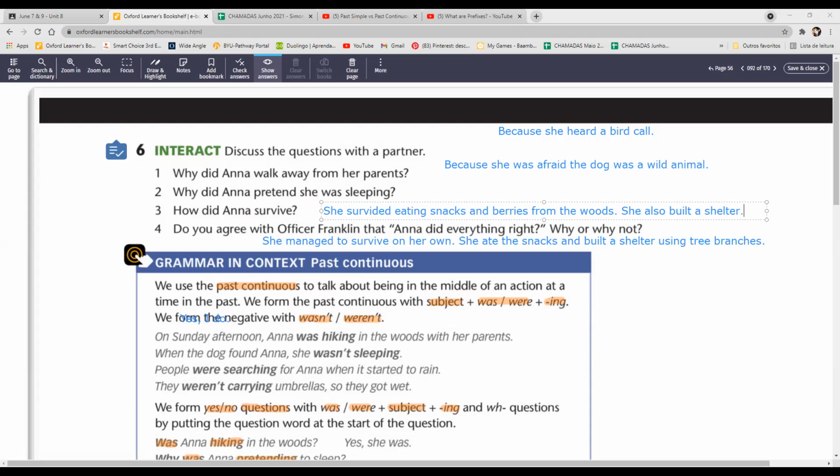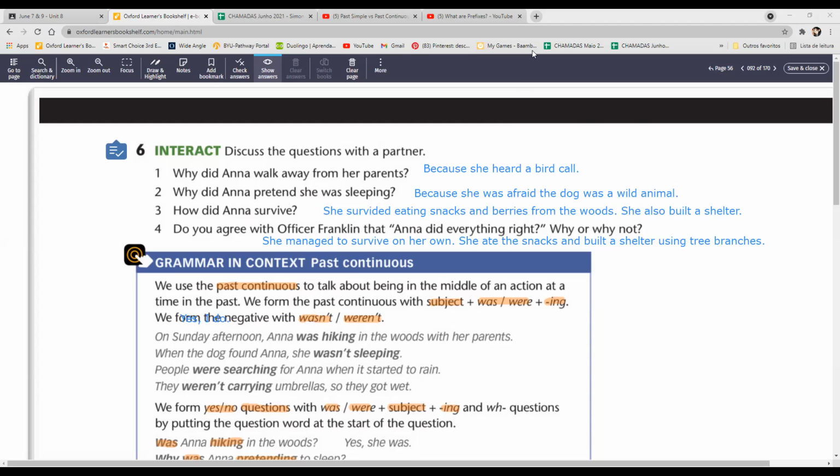She also built a shelter, okay? All right, here you go, okay? If you want, you can take a picture so you can have the answers in the best way, okay? Let me save this. Okay, can I close? Yes. Okay.